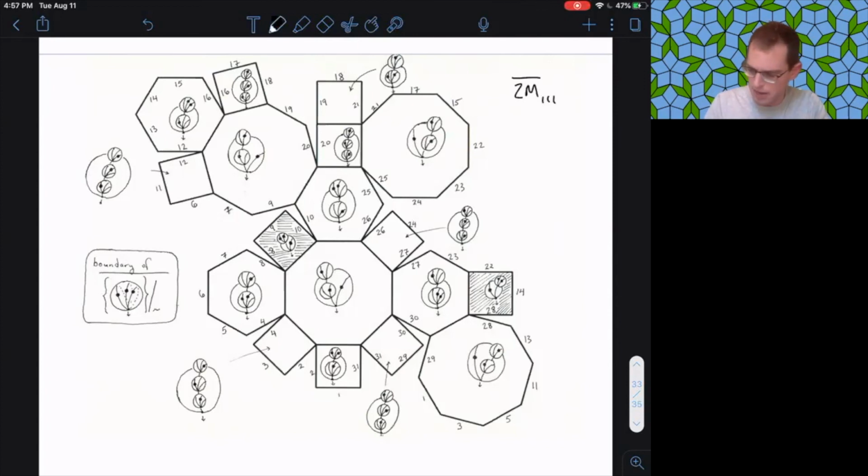And so this maps into FM_3. And FM_3 turns out to be equal to S^3 minus the neighborhood of a link with 3 components. And you can sort of very explicitly understand this map in this case.